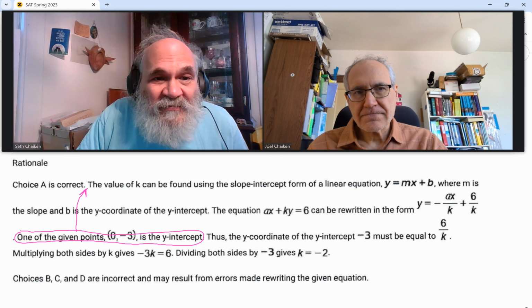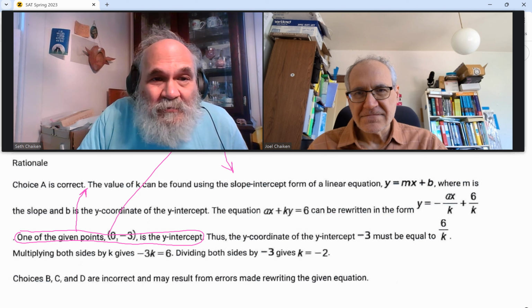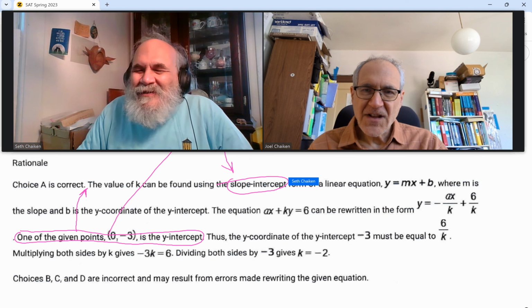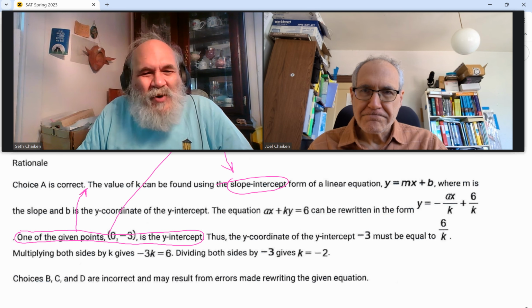This would motivate the use of slope-intercept form. Why?